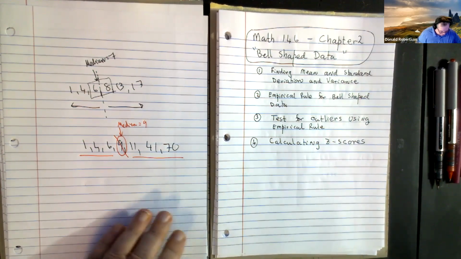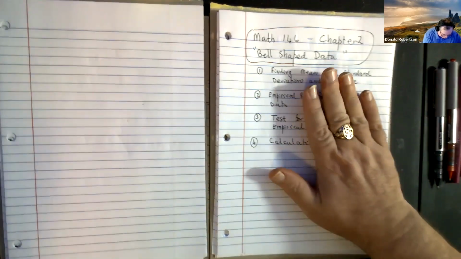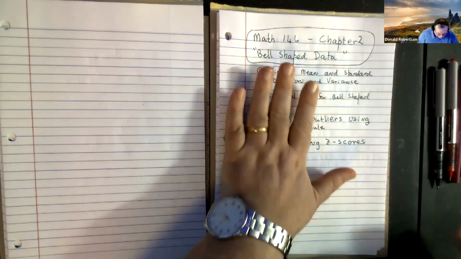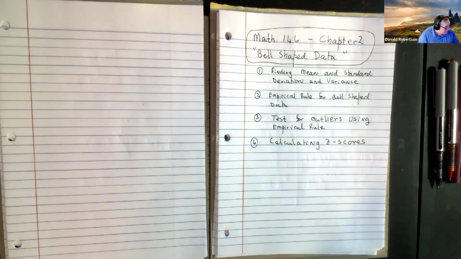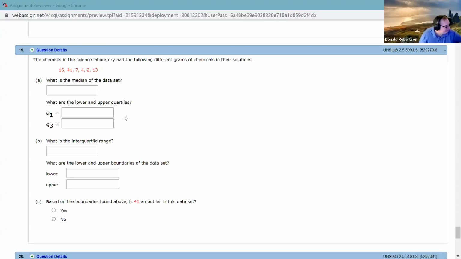Okay, well, let's get started, everyone. Today we're going to be focusing on Chapter 2, bell-shaped data, but there's some little tidying up I want to do on one of the earlier ones. So if I can just zoom over to this side here. Here is a very small data set.